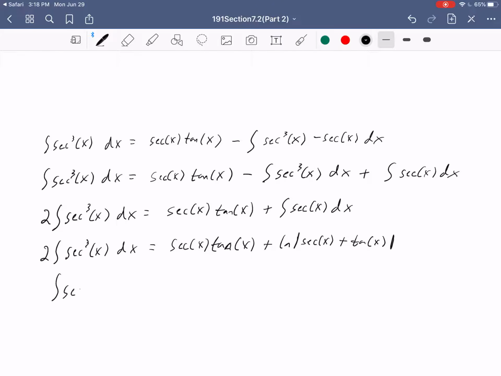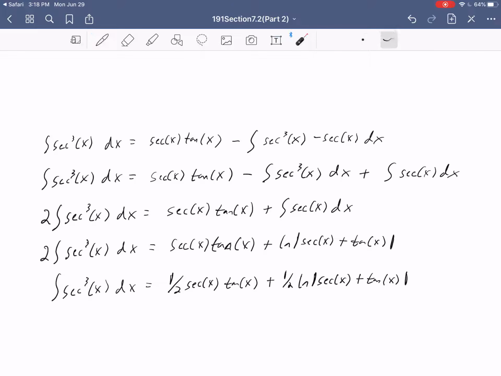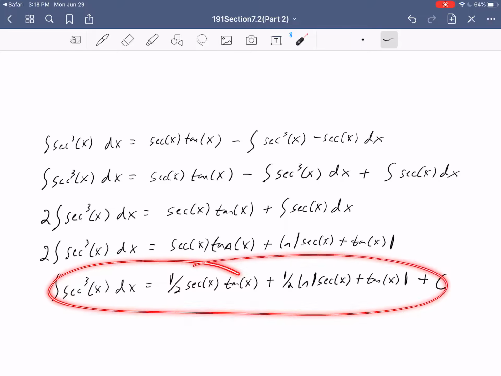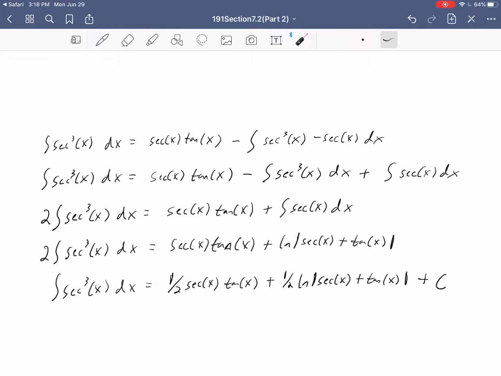We get the integral of secant cubed x dx is 1/2 secant x tan x plus 1/2 ln absolute value of secant x plus tan x. Since we have finished our integral, there's our integral of secant cubed. We pop our plus C on at the end, and there we go. We actually managed to get the antiderivative of secant cubed.